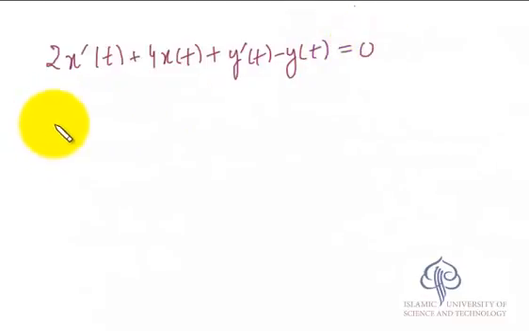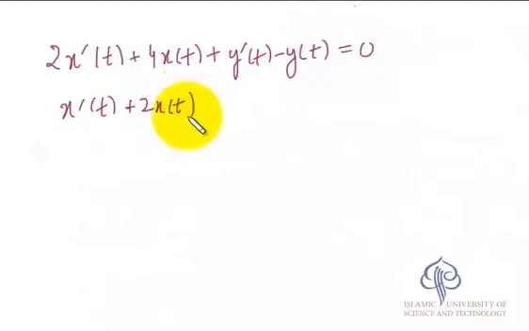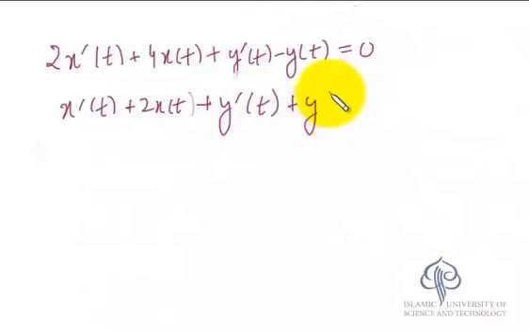Then x dash t plus 2xt plus y dash t plus yt is equal to 0.